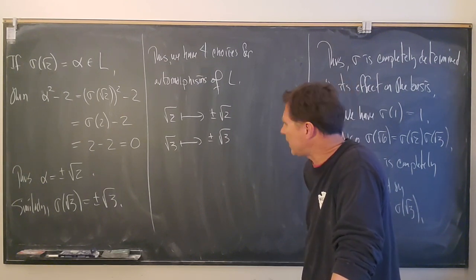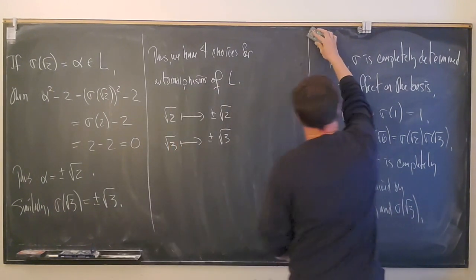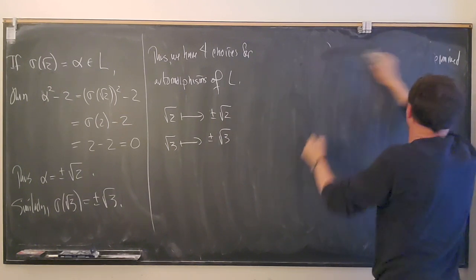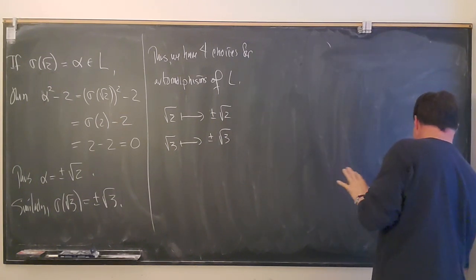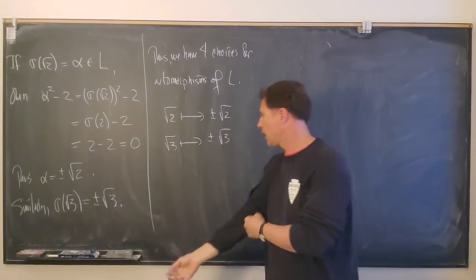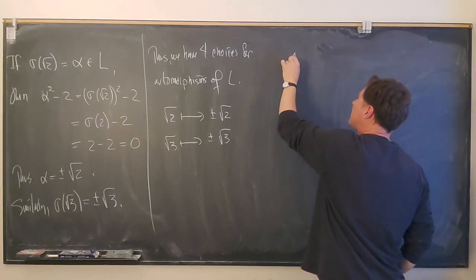So, and I want to give these names. So first of all, let's write it over here now. What this is saying is that the automorphism group of L has exactly 4 elements in it. As a group, it's a group of order 4. And let's write down who the elements are. We're going to give them names. So the first one is the identity.